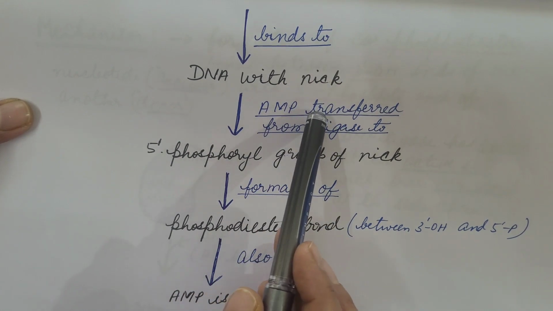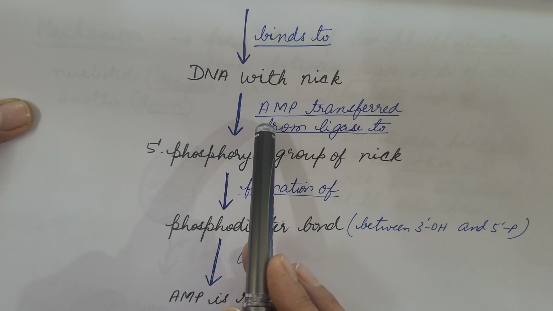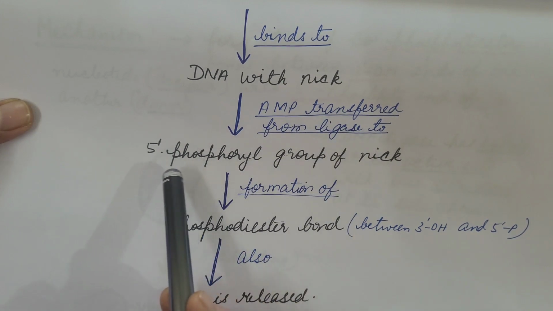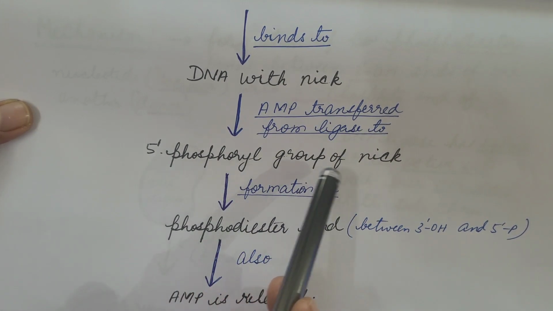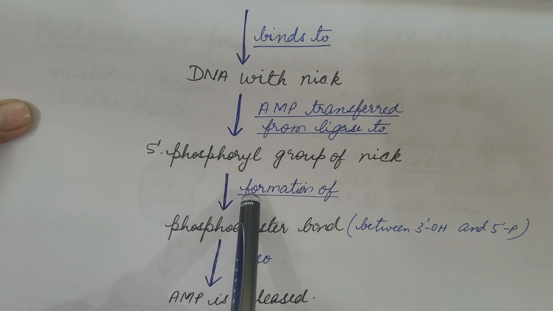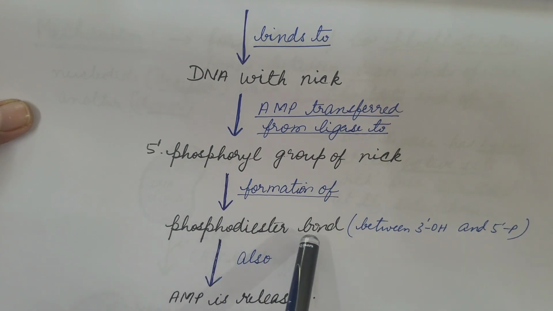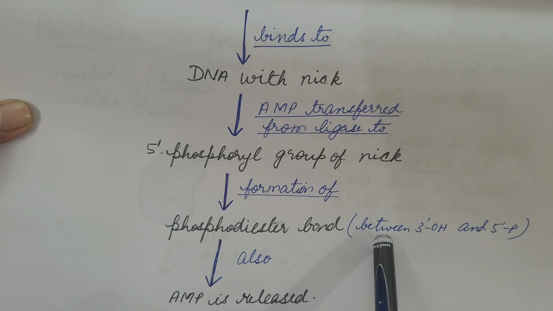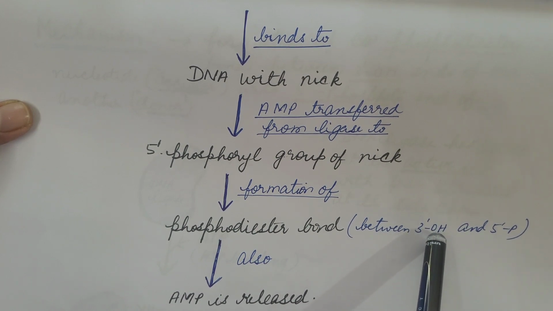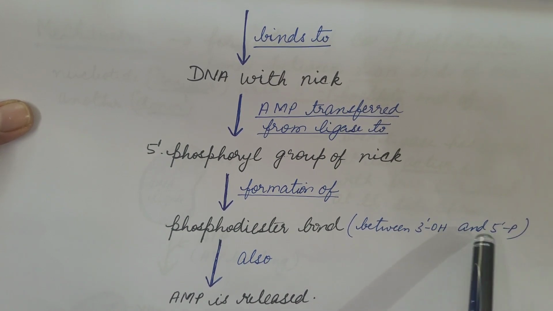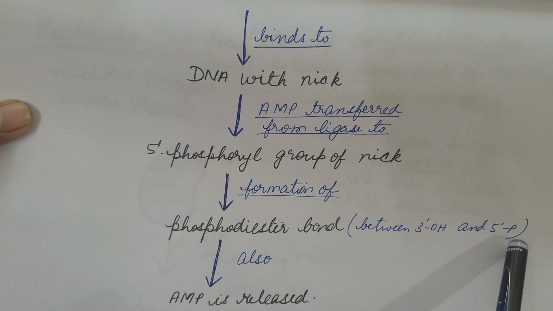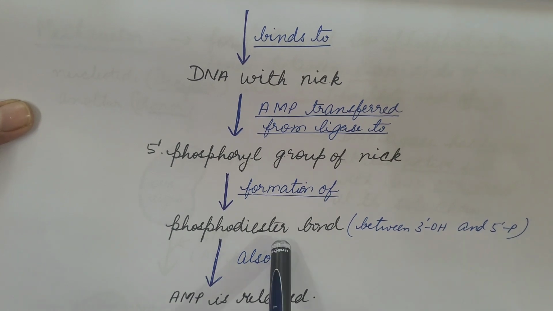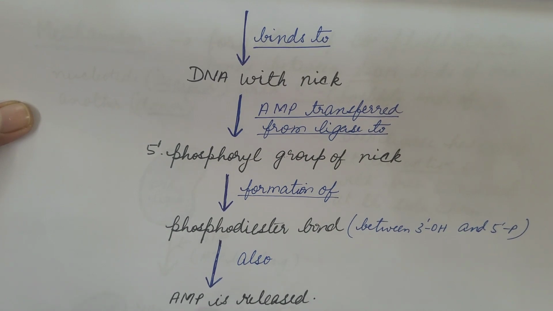Adenosine monophosphate is transferred from ligase to the 5' phosphoryl group of the nick, and then the formation of a phosphodiester bond takes place between the 3' OH group of one DNA chain and the 5' phosphate group of the other DNA chain. In addition to this, AMP is released. And now the DNA chains are ligated or sealed.